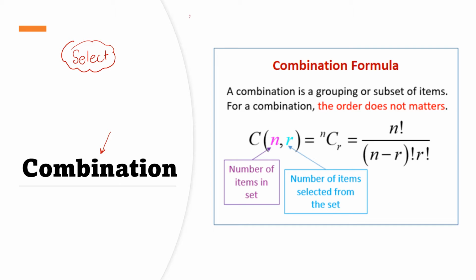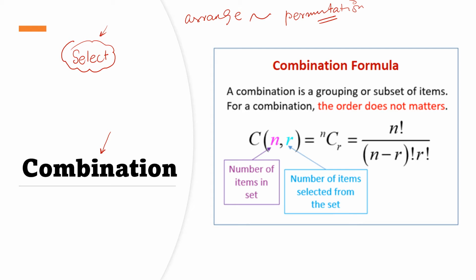Previously we told you that the word arrange means the arrangement is always affiliated with the permutation. If you have to select and then arrange, you go to the formula for the permutation. Whereas if you have to select only the things, then you will use the formula of combination.